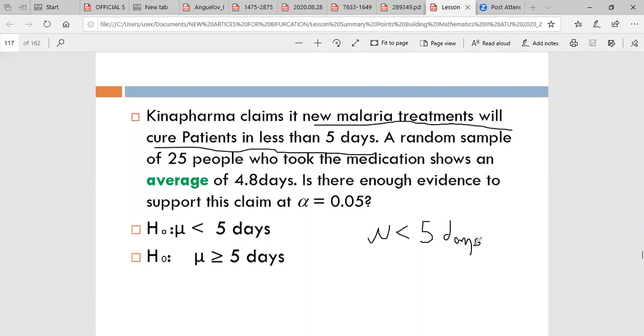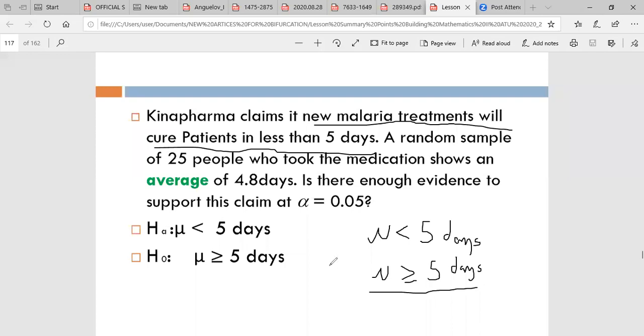Then after writing it in mathematical form, we have to write the opposite statement. And that is going to be mu is greater than or equal to 5 days. So that is the second step. Then the third step, we have to identify which one carries the equal to sign, and that will be this one.